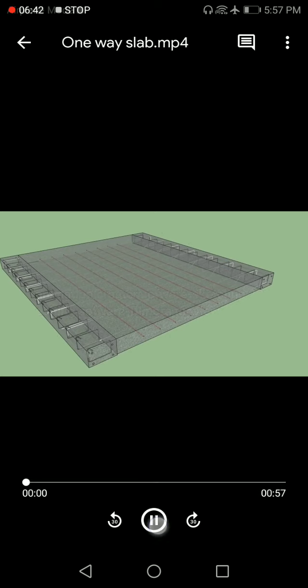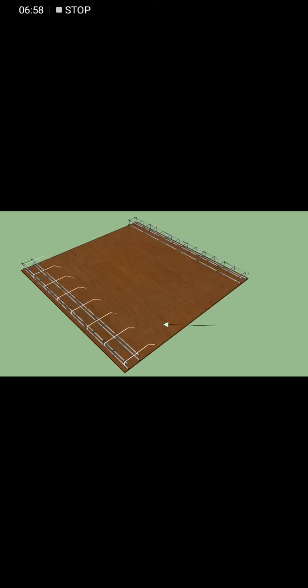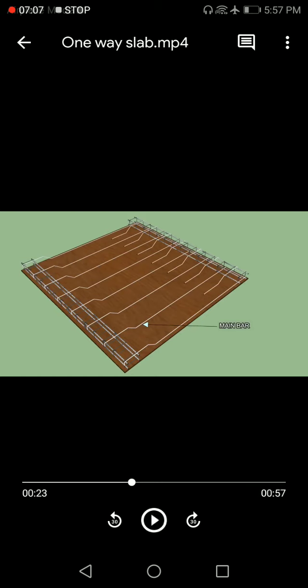I will play it again. The load is distributed in only one direction, that is along the shorter direction.